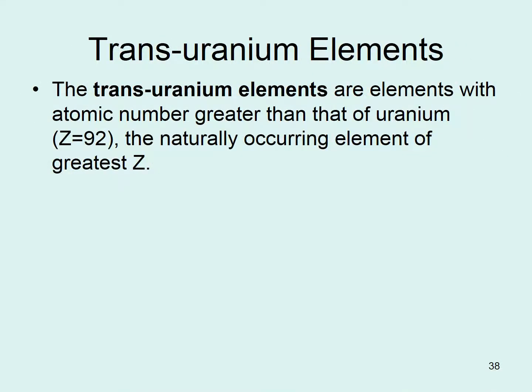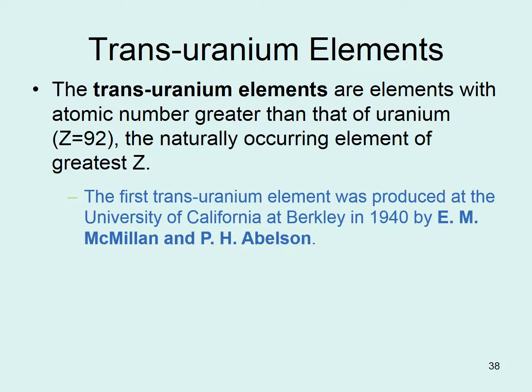Anything above 92 is uranium, and uranium is the largest naturally occurring element. You can find it on Earth. Anything above 92 is all man-made. The first transuranium element was produced at the University of California at Berkeley.